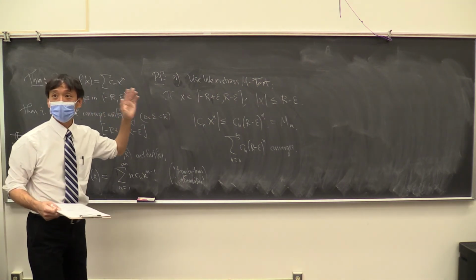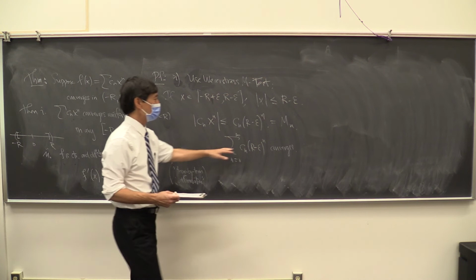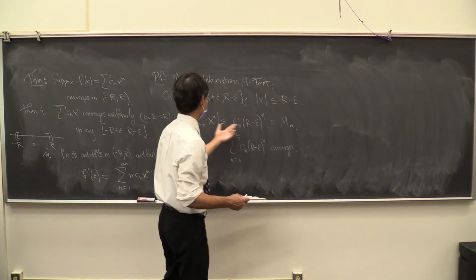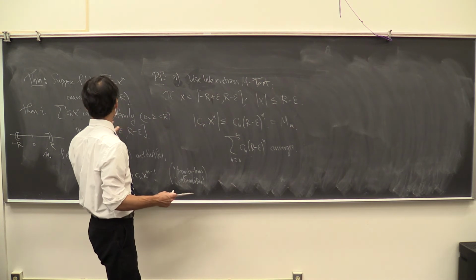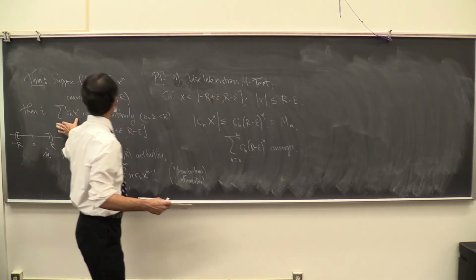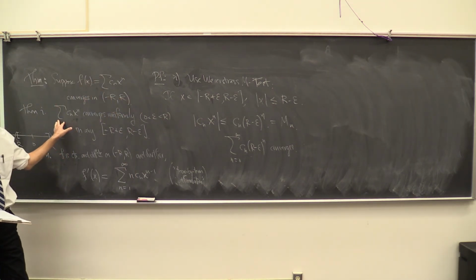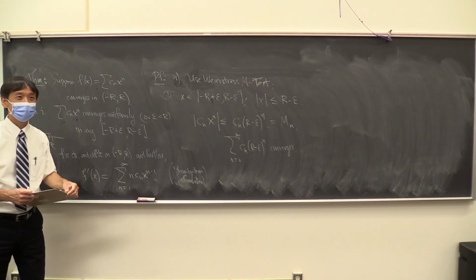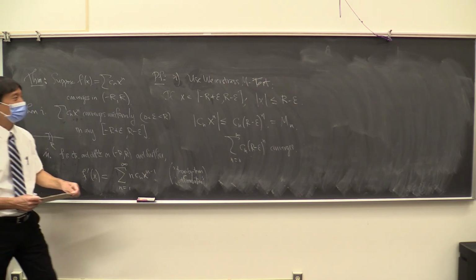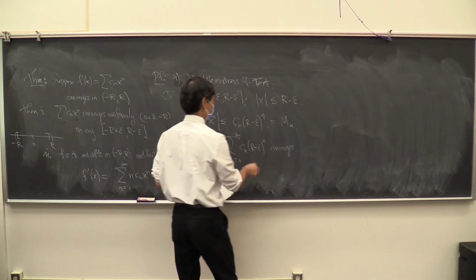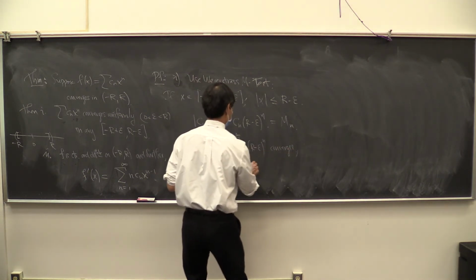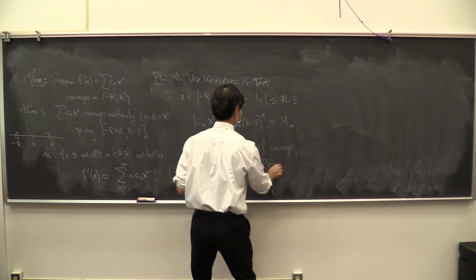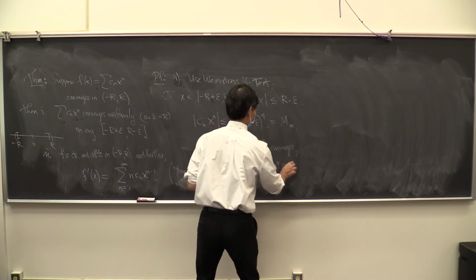Okay, so we're done. This thing converges, so by the Weierstrass M-test, the sum of these converges uniformly. So our sum of the M_n's converges, so the summation c_n x^n converges uniformly.